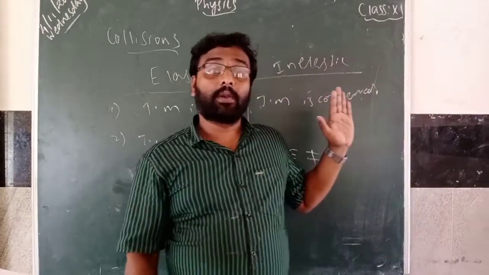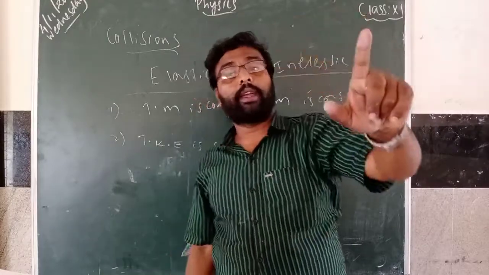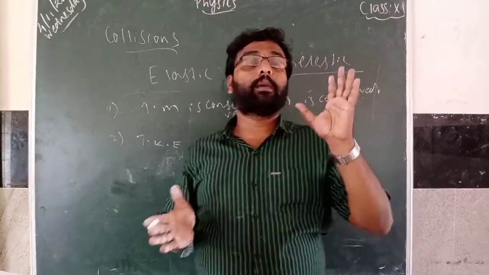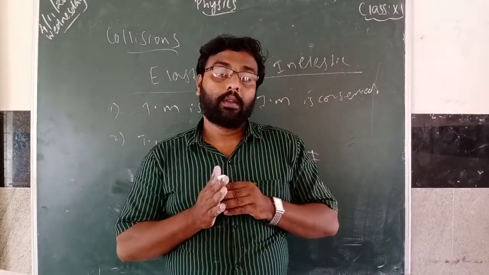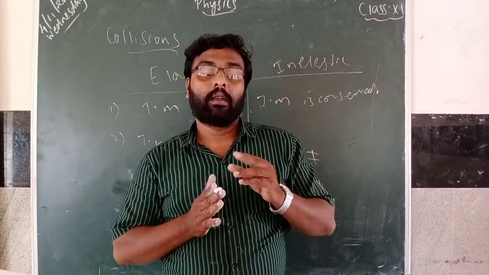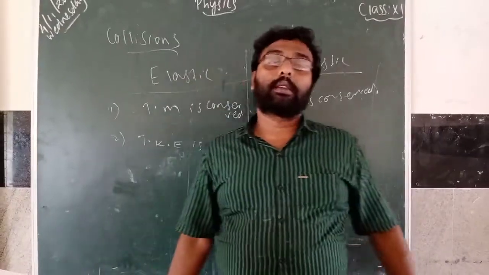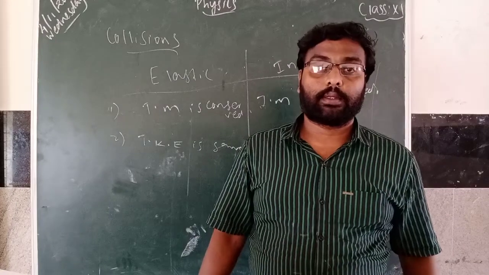But in inelastic collision, you are throwing the bubble gum on the vehicle. When it is pasting, there will be friction between the bubble gum and the vehicle. So what is happening? Energy is being lost. That is why the forces are not conservative forces.